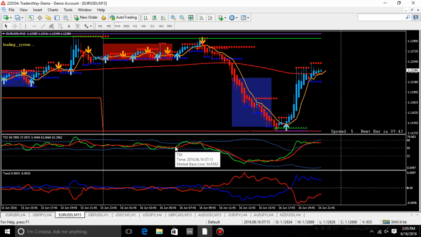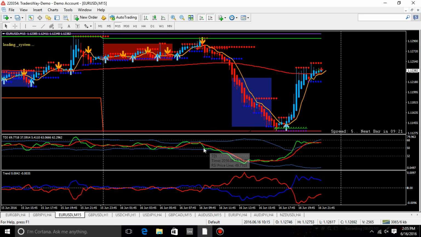So to refresh the memory of those who probably don't use it or kind of forgot about it, here is how the TDI works: you see this green line right here and this red line. This green line indicates, how can I put it, the proper times to enter a trade, okay?